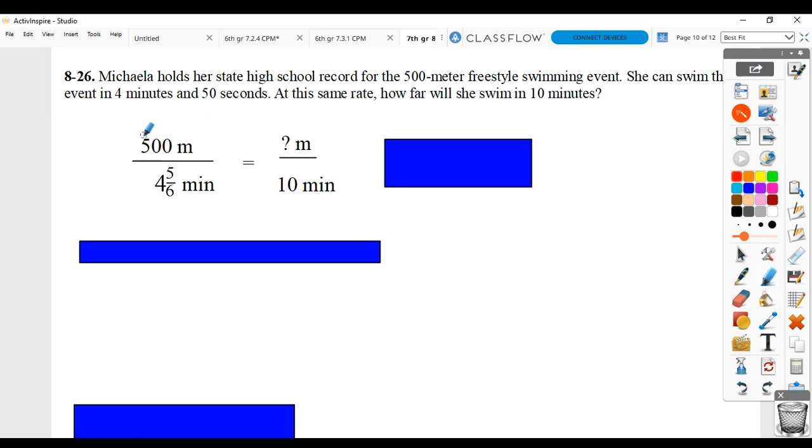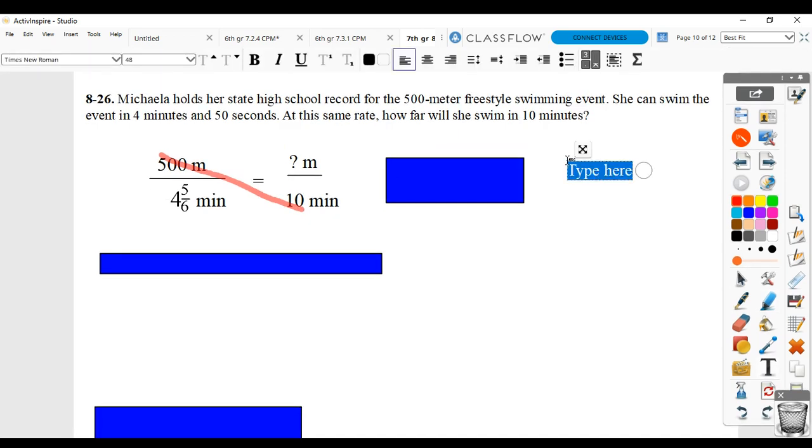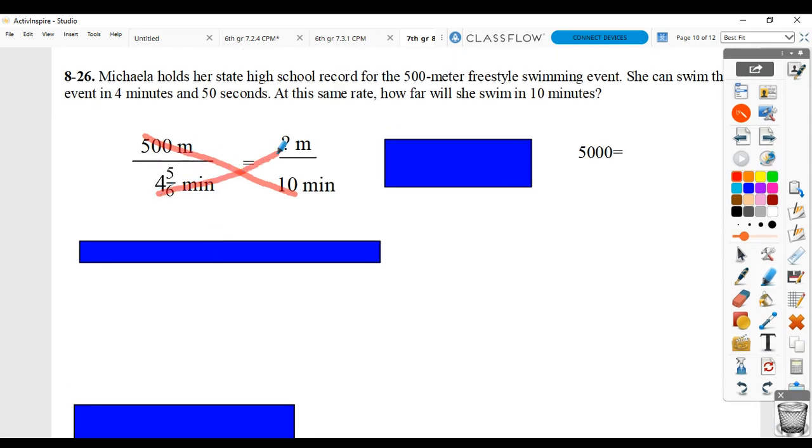So again, you could do your cross products. 500 times 10 would be 5,000. And that would equal 4 and 5/6 times our unknown value. And then our goal is to find that unknown value, so you can use whatever variable you want for that, x or m or s for swim.